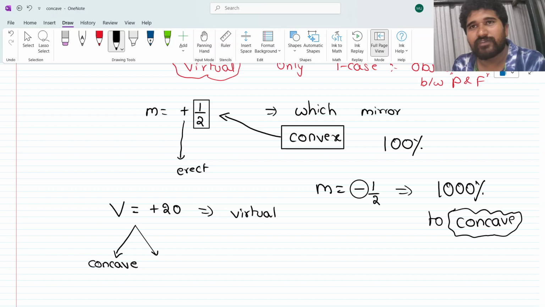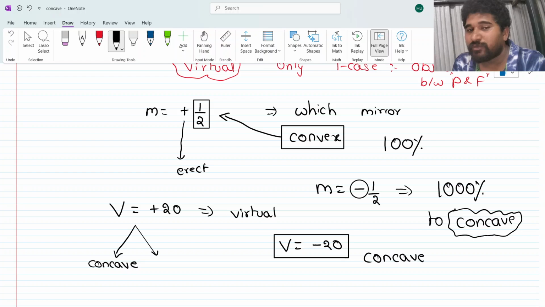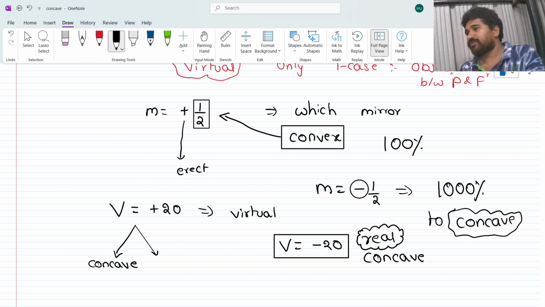Is that clear for everybody? But based upon V, can I conclude which type of mirror it is? Suppose they give V is equal to minus 20, I can conclude. Which mirror is it? Concave. Because real images can be formed only with the help of a concave mirror.